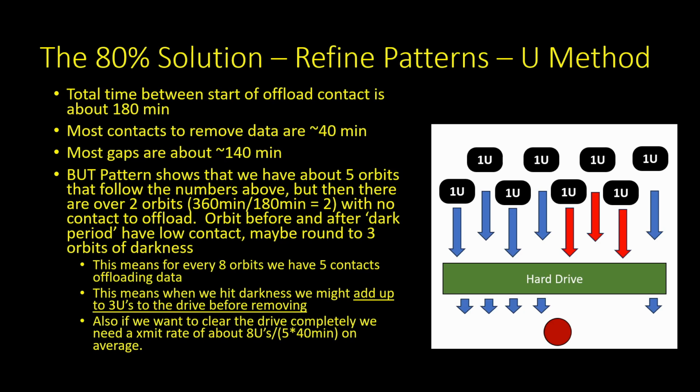The average contact time with the ground station on Mars was about 40, maybe 44 minutes. And the average gap was about 140 minutes. So that means between 2 contacts, between me offloading data, one cycle as it were, I have about 180 minutes worth of actual scanning that I've got.